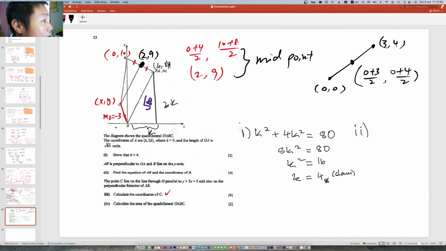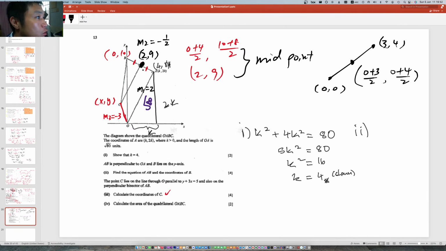Then I think it's pretty easy. Why? Because the gradient is negative 3 for this one. Then this one, I think you get the gradient of AB already. The gradient m2 is equal to negative half, right? This is m1. This is m2.